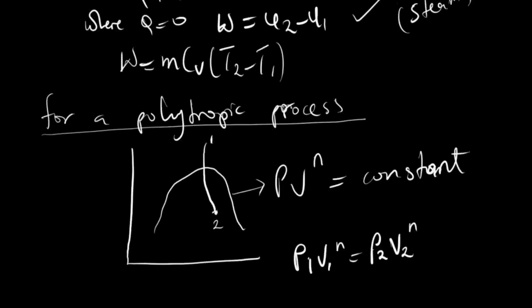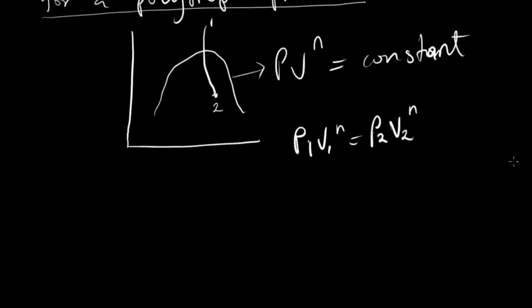So hence we can have our work equation as this: work done is equal to minus the integral from 1 to 2 of P dV over n minus 1.